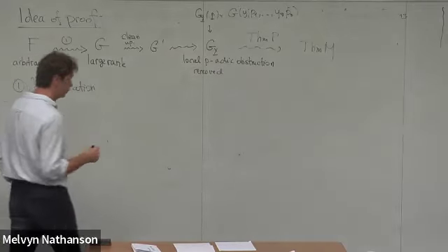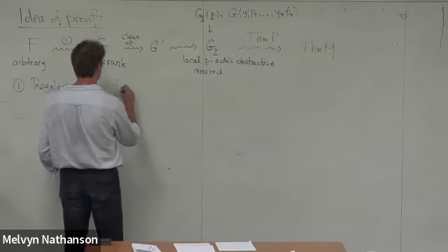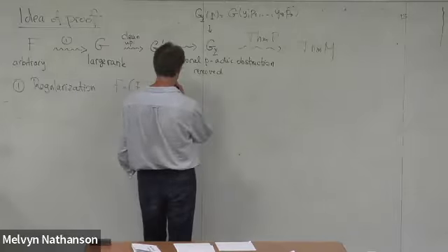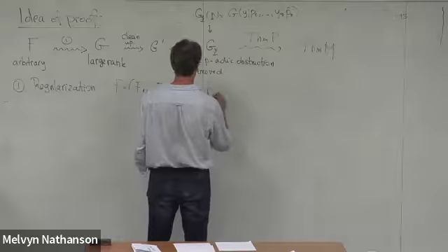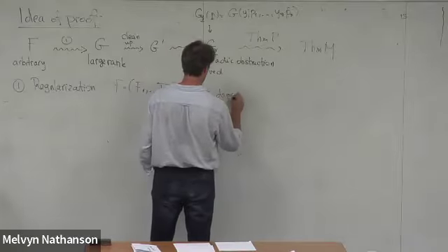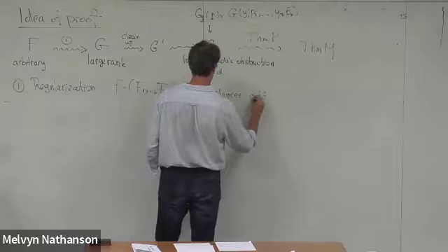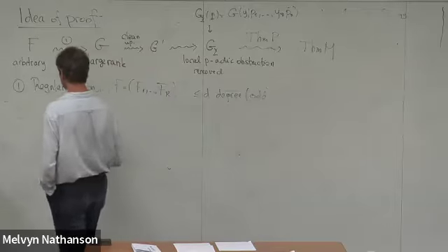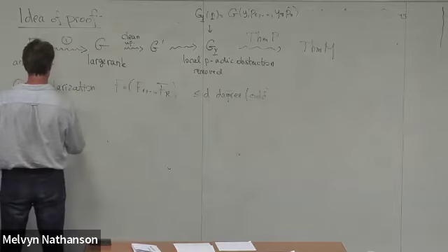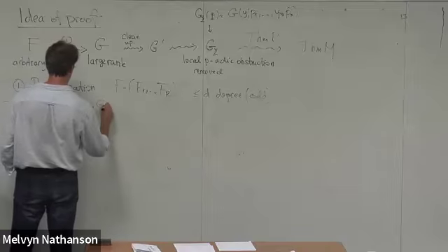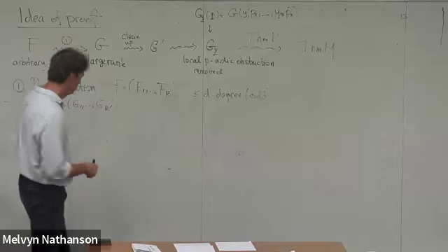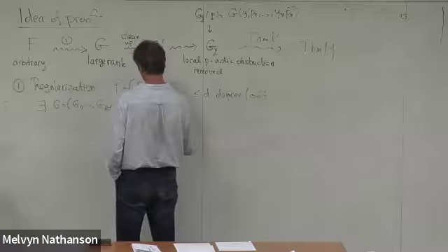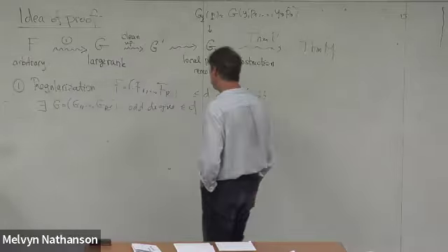So what does it say? Basically, we start from an arbitrary system of odd degree forms, of degree less than or equal to d, and then this regularization gives us a new system G, with some r' forms, which are also of odd degree, less than or equal to d.